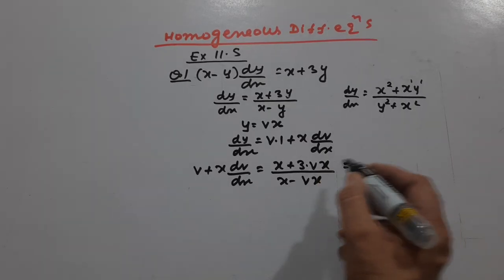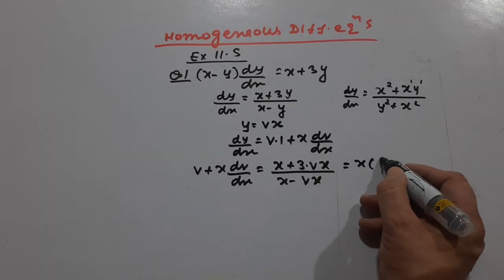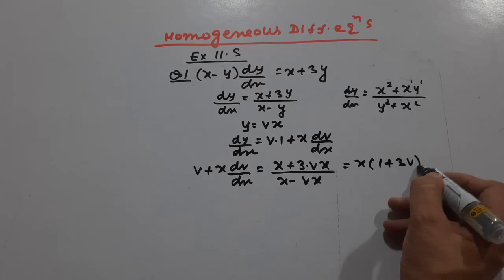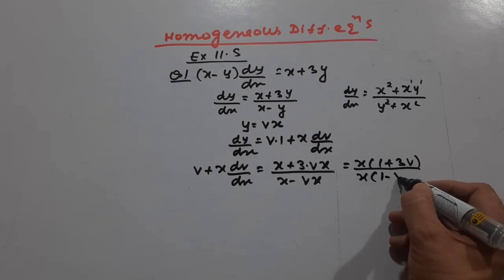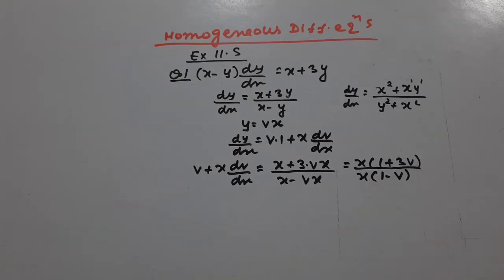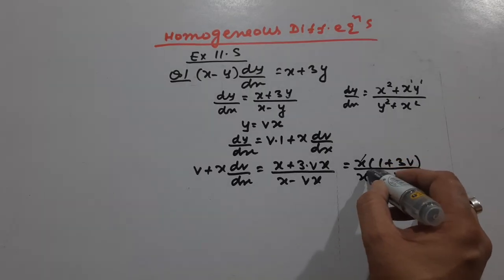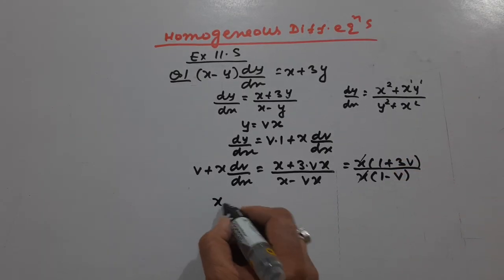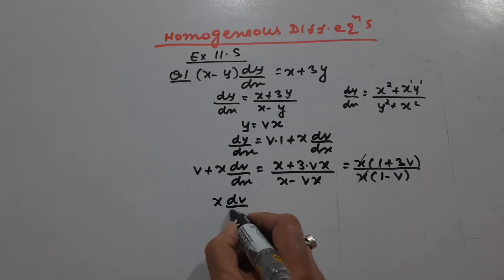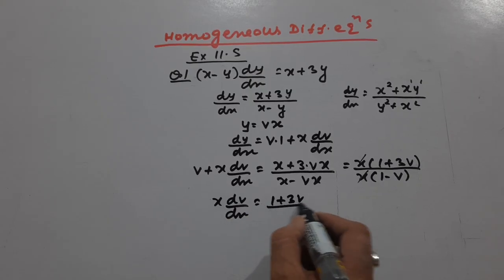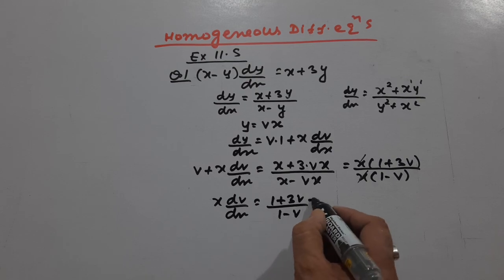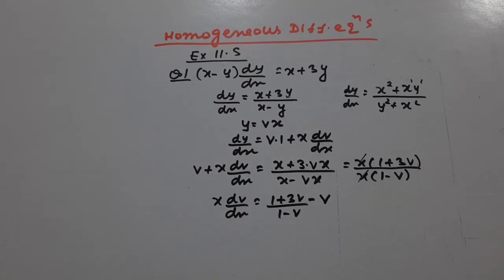Now we can see in the numerator x is common, so we get 1 + 3v. Again x is common in the denominator, we get 1 − v. Now cancelling x with x, we get x dv/dx = (1 + 3v)/(1 − v) − v, like this.